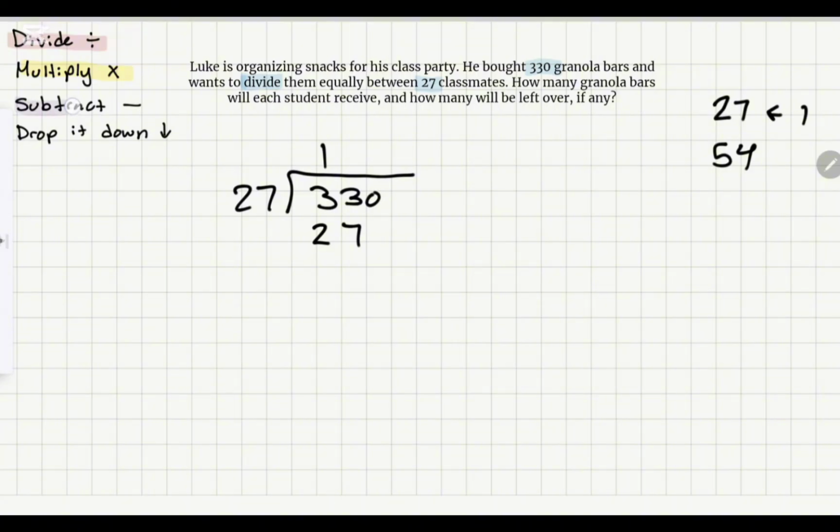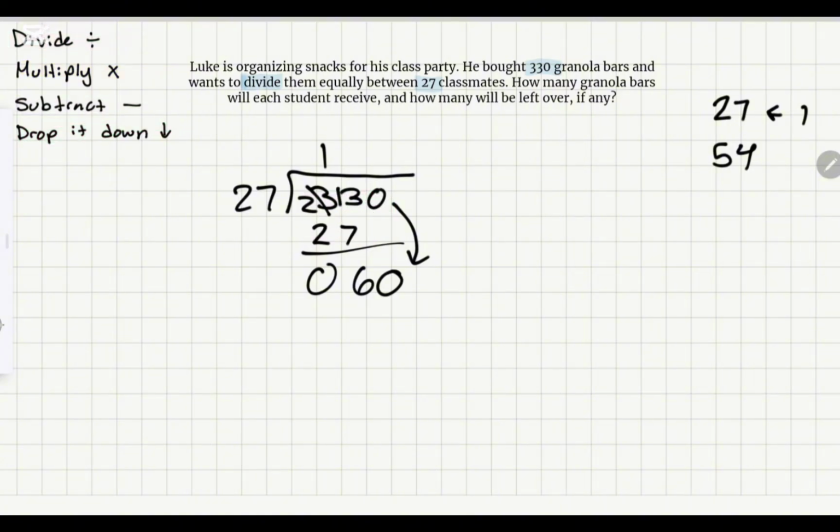All right, and then I'm going to subtract 30 and 27, which would get me 6. All right. So now we have to drop it down. So I'm going to drop down my 0 because that is the one that we haven't worked with yet, to give me 60. So I'm going to bring that 0 down all the way here.